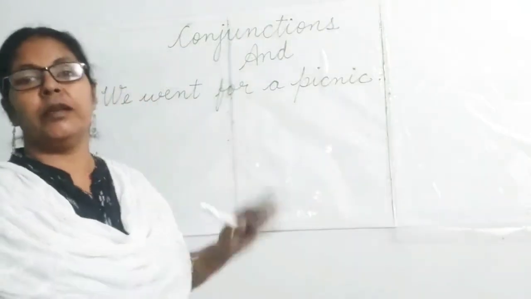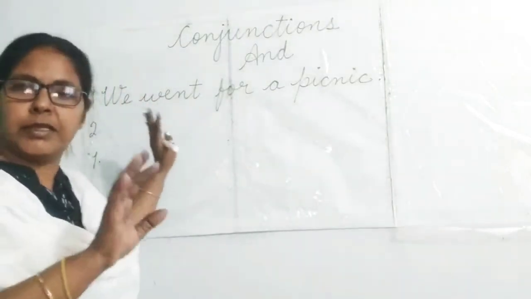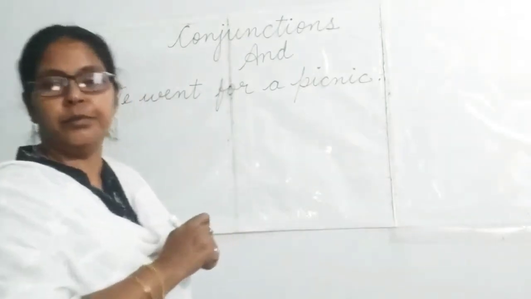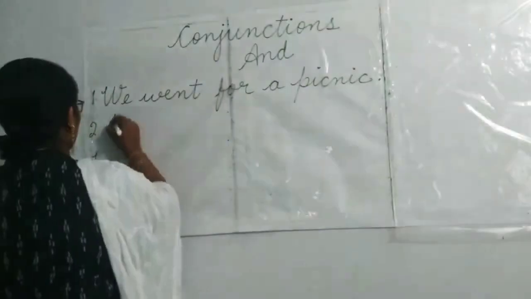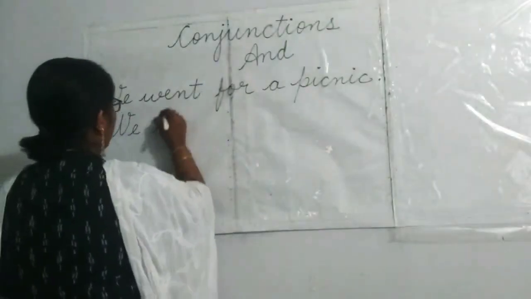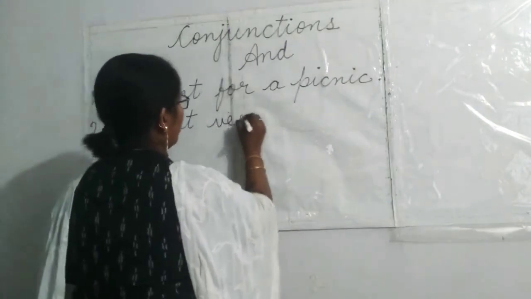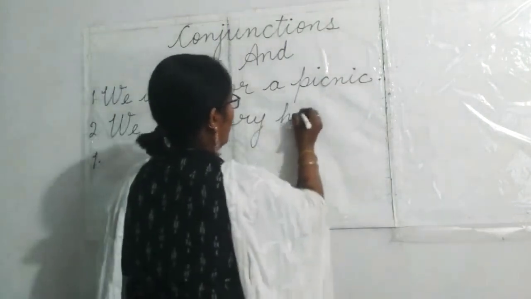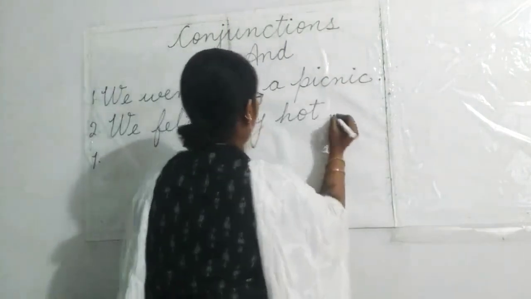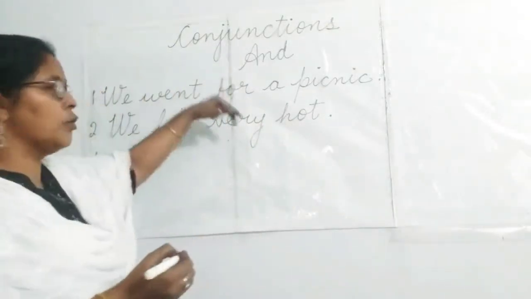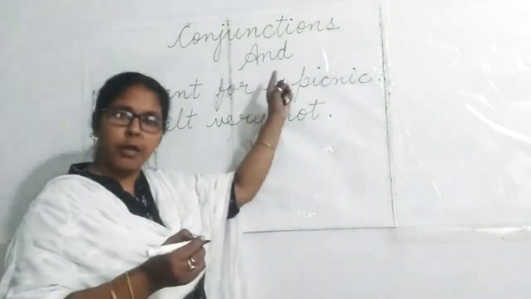Okay, the next one. The first sentence will be the same, we went for a picnic. The second one, we felt very hot. So I'm going to make it into one with the help of and.